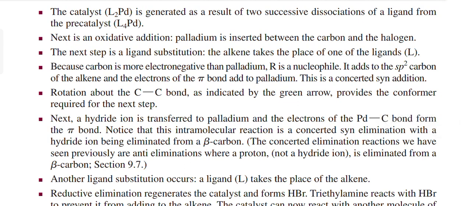The catalyst L2Pd is generated as a result of two successive dissociations of a ligand from the pre-catalyst L4Pd. Next is an oxidative addition. Palladium is inserted between the carbon and the halogen.